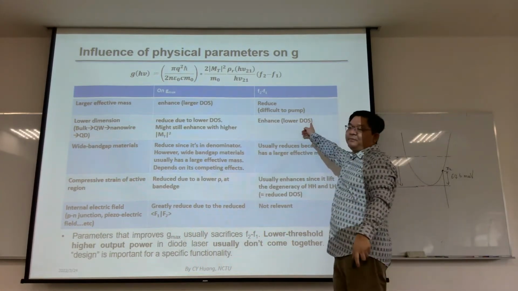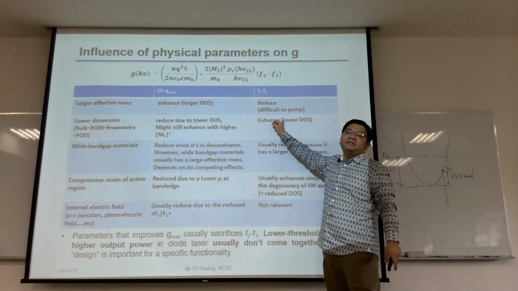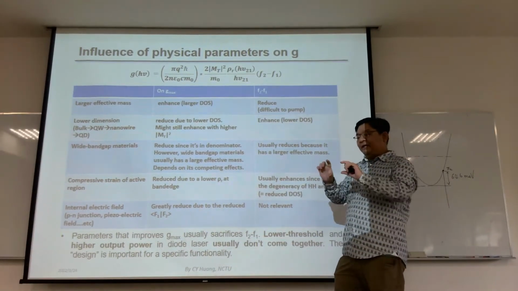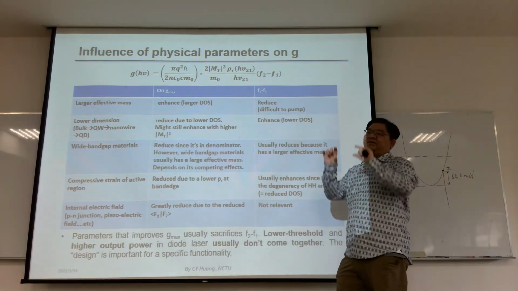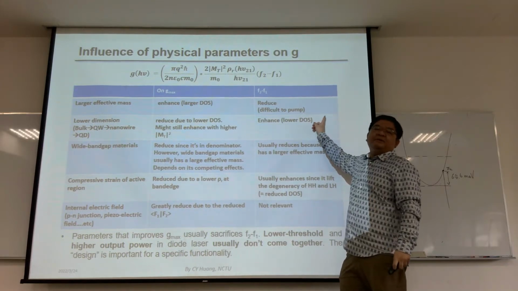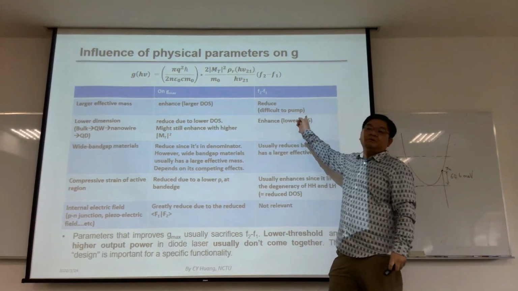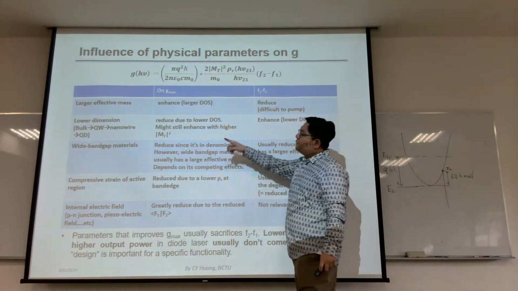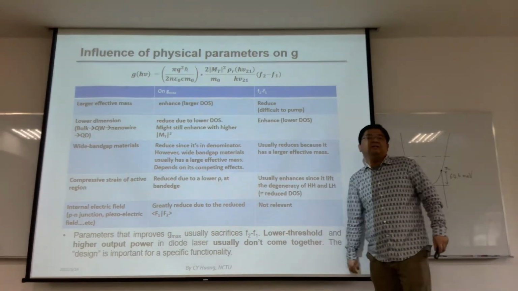But for F2 or F1, the answer is easy. Because you reduce the density of states, now you have fewer electrons at the band edge on both sides, so it's easier to pump your material to population inversion. So a quantum well laser will definitely have a lower threshold than a DH laser.